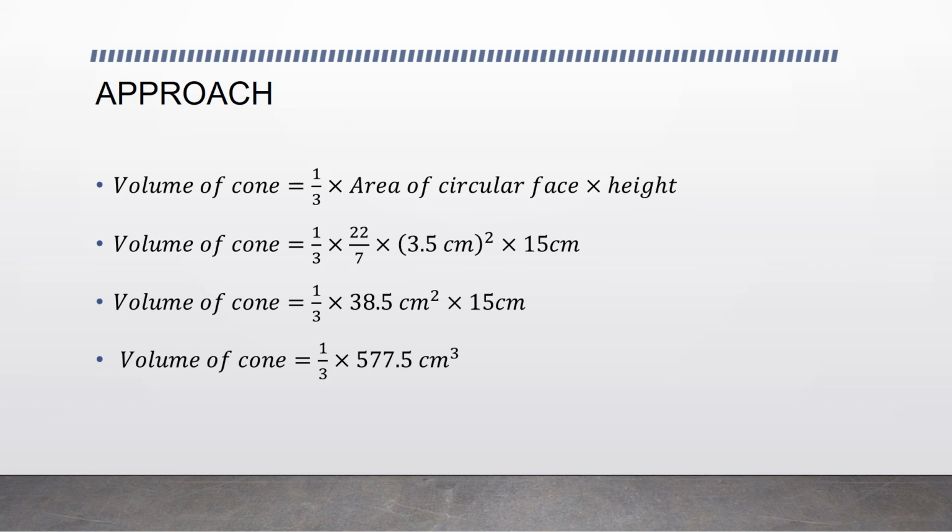That gives us 577.5 cubic centimeters. Then all we have to do now to find the volume of a cone is to find 1/3 of that amount, which will give us 192.5 cubic centimeters.